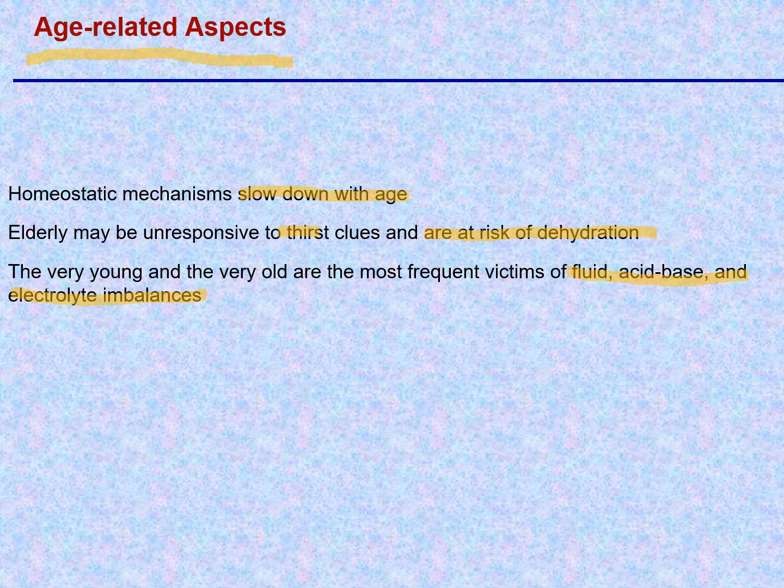The nice thing is that people, particularly small children, can quickly bounce back if they have a fluid or electrolyte imbalance, which can be associated with acid-base imbalance. If treated, they can quickly bounce back. I mean, it's miraculous. The very old can also have problems with these. So it's the extreme outliers in age that most frequently have problems with these.